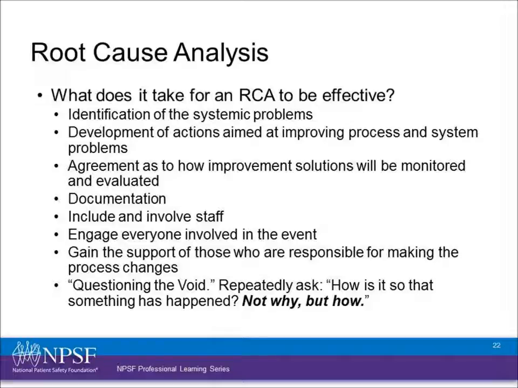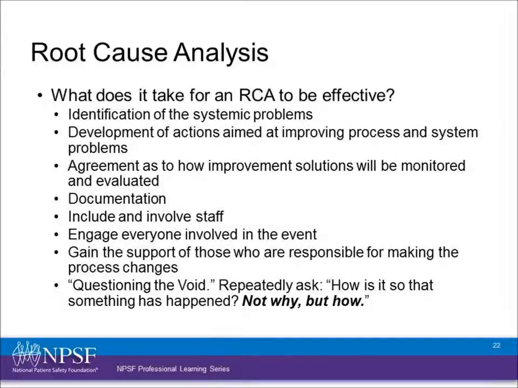So whether or not they are at the table with staff when the events are discussed is probably less important than making sure that someone seeks out information from them so that it can ultimately be incorporated into the analysis. And then obviously it has to gain the support of those who are responsible for making the changes.